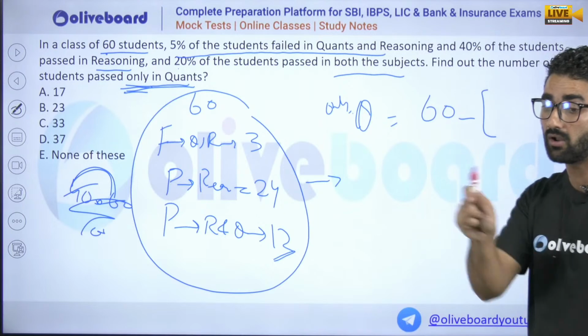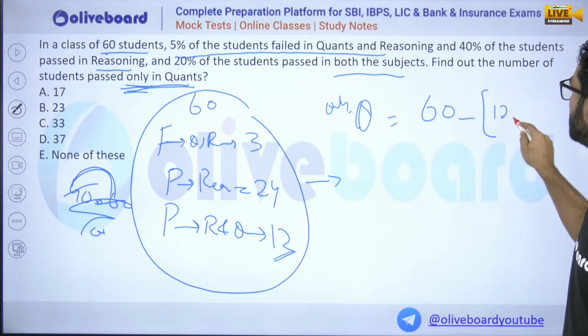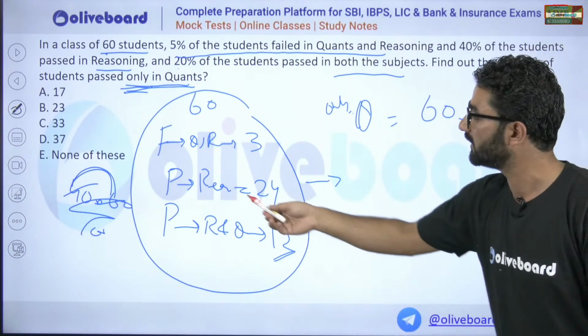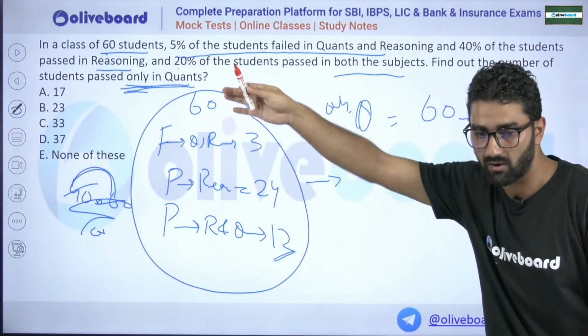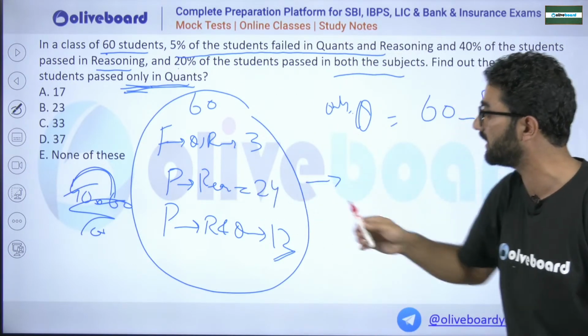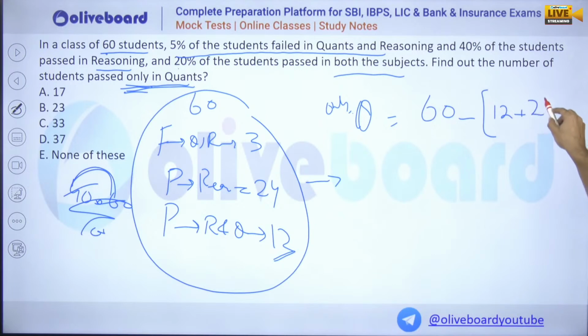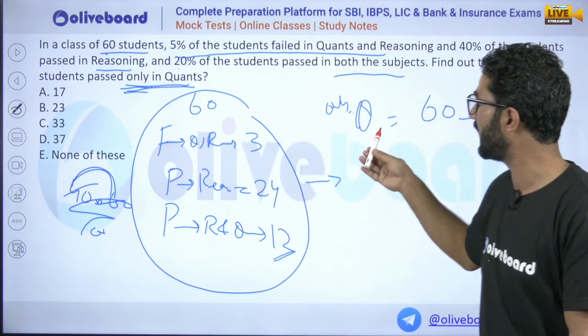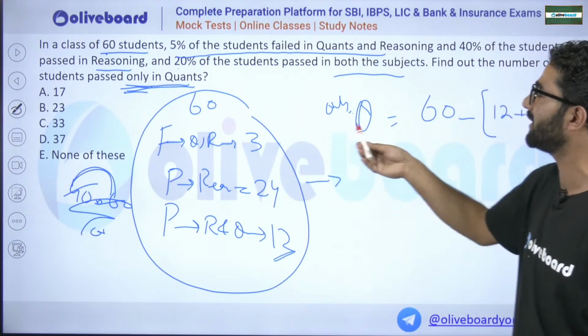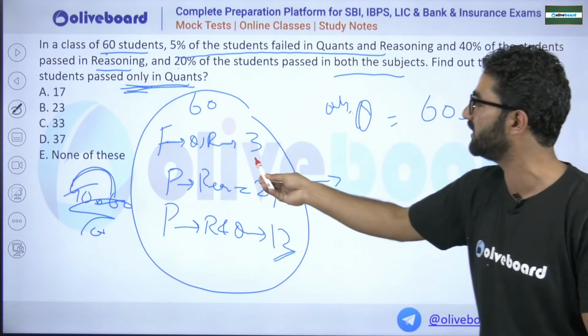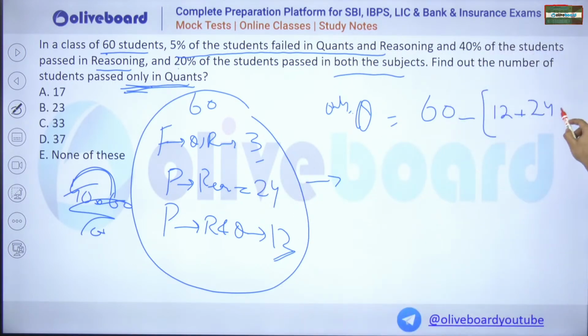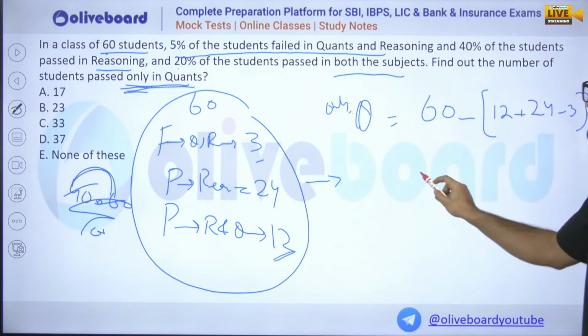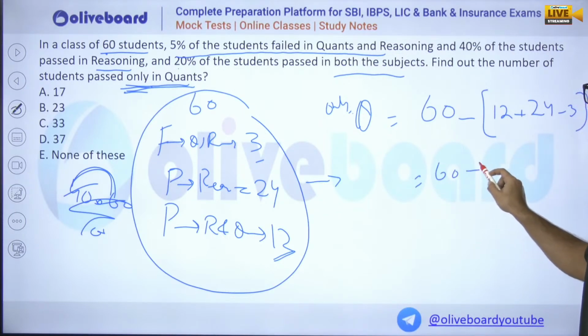I am calculating only for quant, so I will subtract this 12. Not only this, there are students who pass reasoning only, so that is 24. I am calculating the value for students who pass quant only, which means I cannot take the fail ones. I will subtract this one also. So this will be 60 minus.